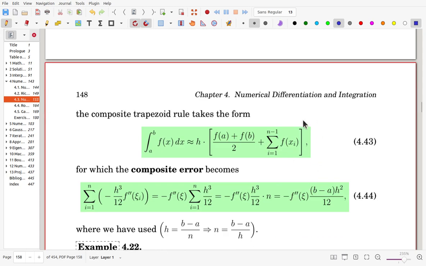We'll try to figure out the formula by using the picture here. From a to b, that is a, that's x0, b is now xn, and x1, x2, x3, x4, and so on. The last one is xn. For each subinterval, the left value is half contribution and the right value, from here to there, again half contribution.